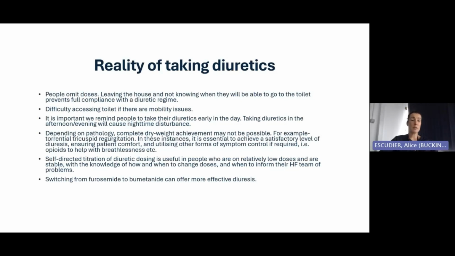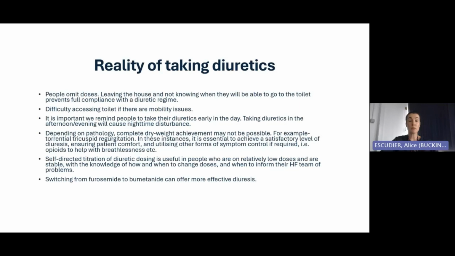I think it's important to remind people and not just assume that they know to take diuretics early in the day. We know that taking diuretics later in the day, in the afternoon or evening, will cause nighttime disturbance and again can be a risk for reduced compliance. Depending on the pathology, complete dry weight achievement might not be possible, and it's really important to bear this in mind.